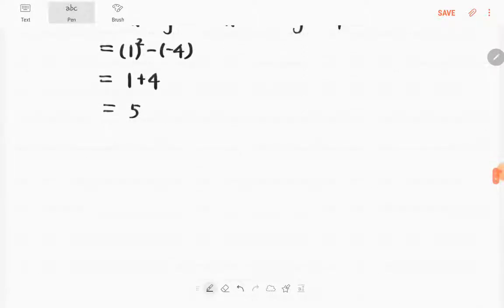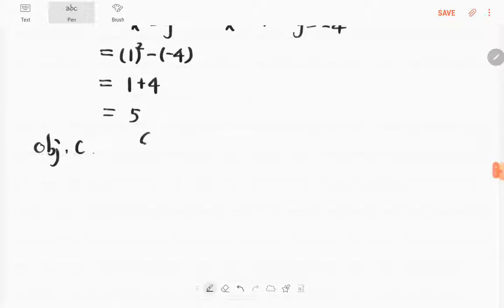So let's move on to the next objective, C. We try to check the solutions of equations.